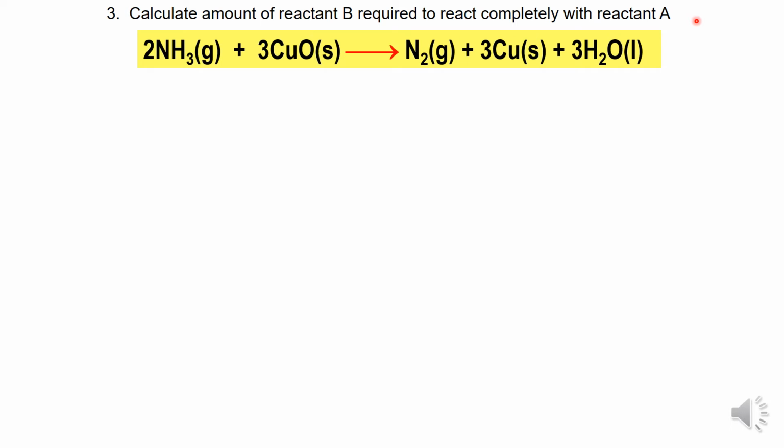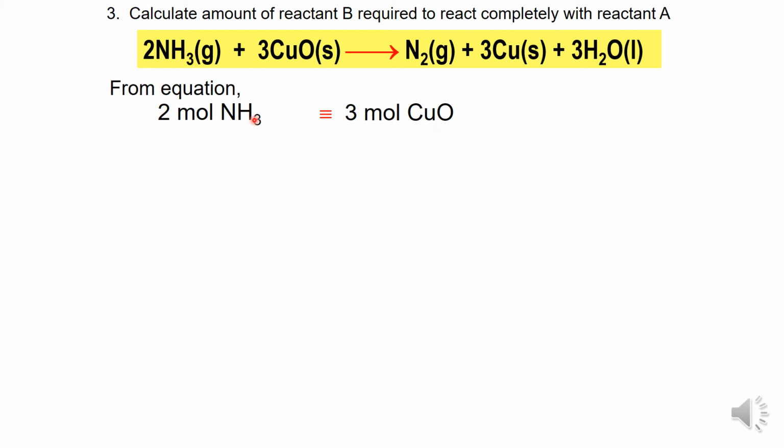According to this equation, we can write a stoichiometry equation. First, you write from the equation: 2 mole ammonia is equivalent to 3 mole copper(II) oxide.